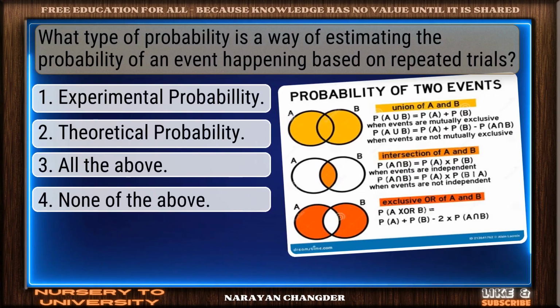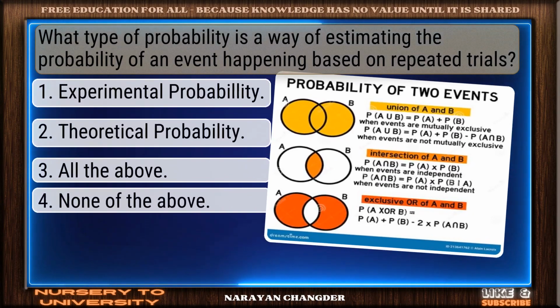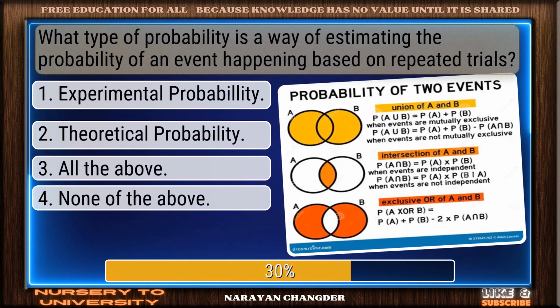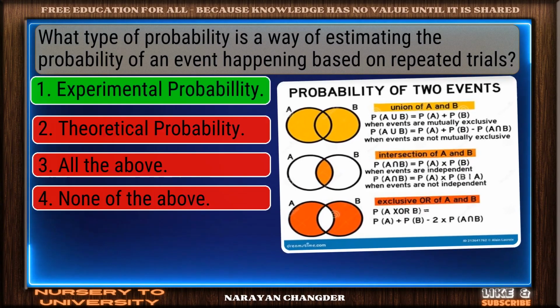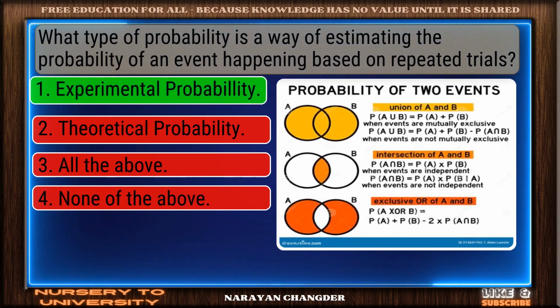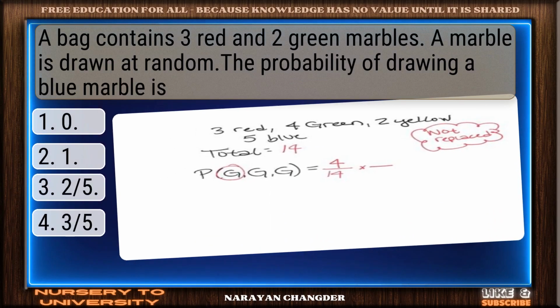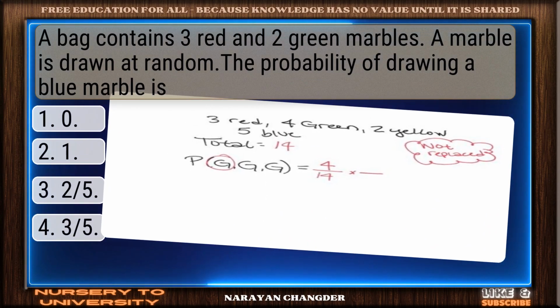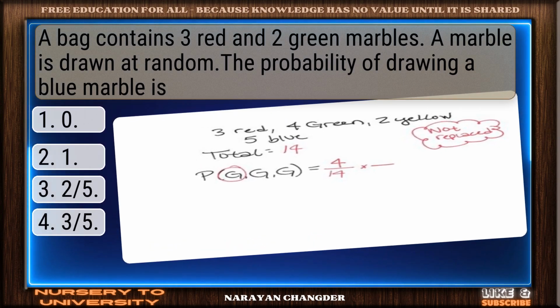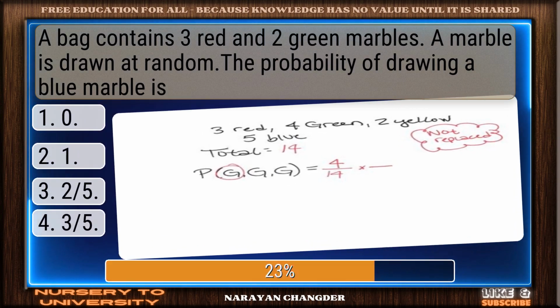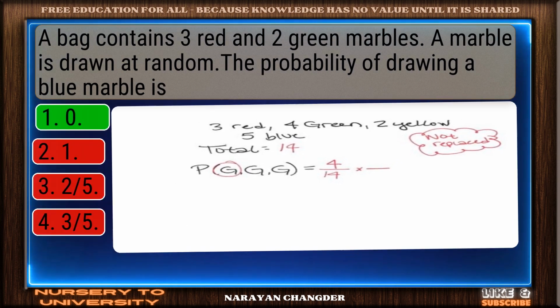What type of probability is a way of estimating the probability of an event happening based on repeated trials? Sharp thinking. Experimental probability is right. A bag contains 3 red and 2 green marbles. A marble is drawn at random. The probability of drawing a blue marble is... Smart move.